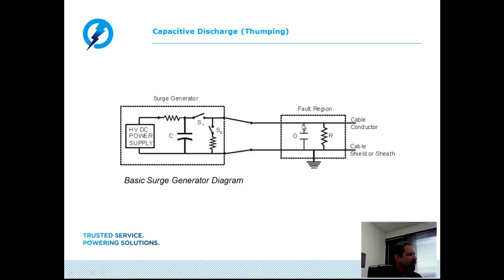But this discharging of energy through this gap is in essence what causes the small explosion or the acoustic wave that travels up to the surface of the ground. But again, the surge generator, a relatively simplistic device in concept. Power supply, capacitor, charged potential, closing of the switch, discharging of energy with the intent of breaking down the gap or fault.